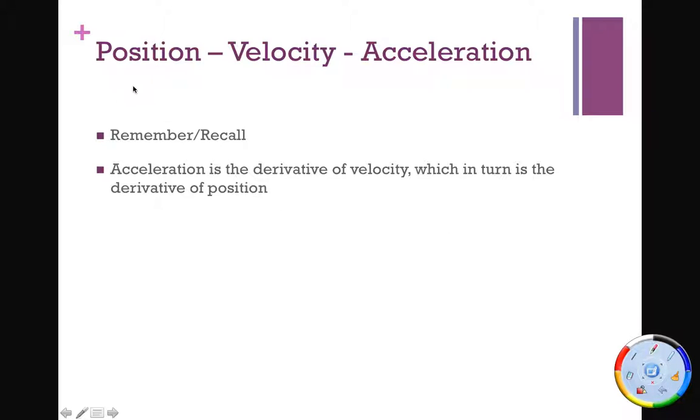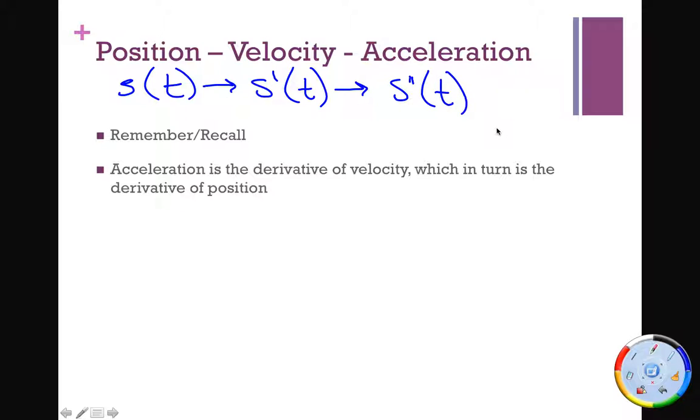So if I had an s of t function, position, remember we usually use the letter s, the velocity is the derivative of the position function. And acceleration would be the second derivative of position.